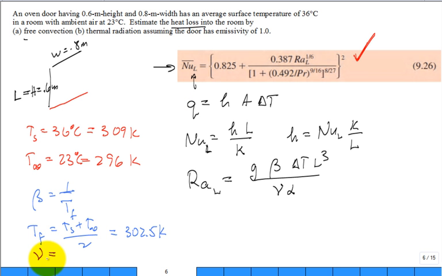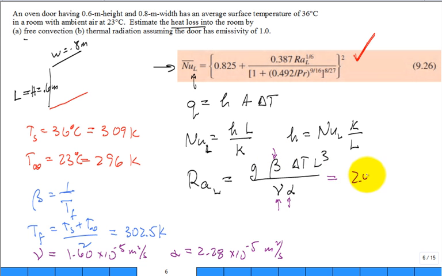So nu, when I did the interpolation, was 1.6 times 10 to the minus 5 meters squared per second, and alpha is 2.28 times 10 to the minus 5 meters squared per second. So nu and alpha are temperature dependent, and beta definitely is temperature dependent. And so what I calculated for the Rayleigh number is 2.47 times 10 to the 8th.